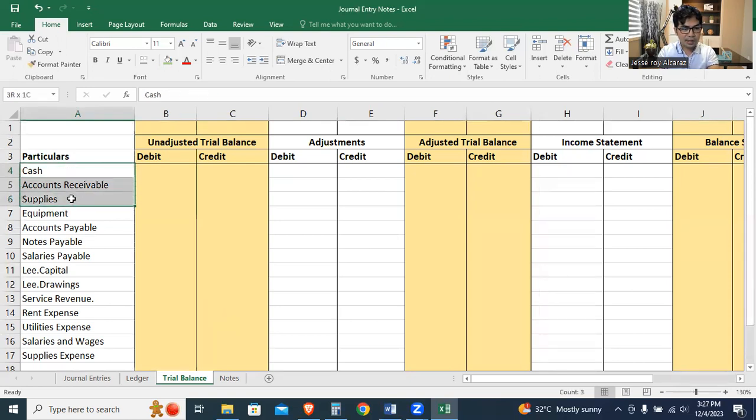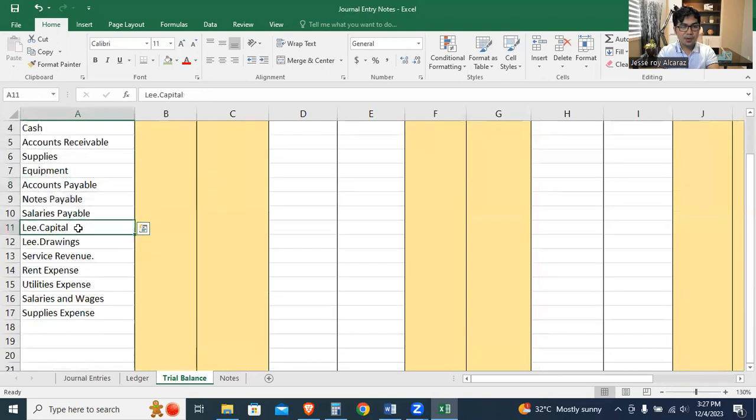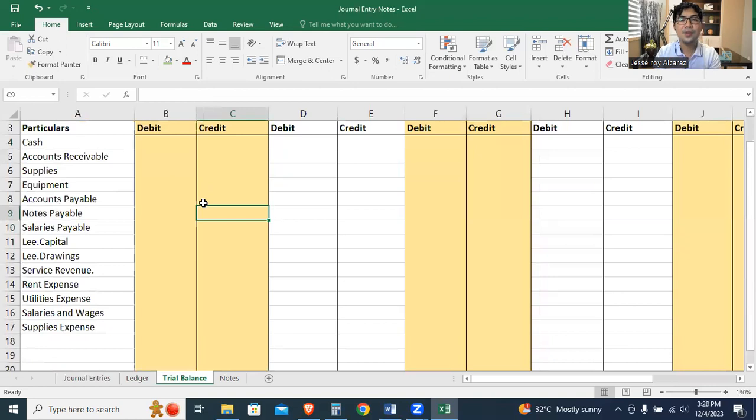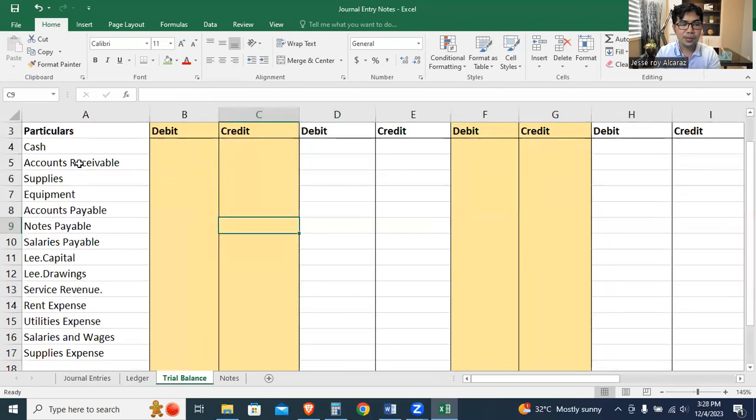So if you notice, cash, accounts receivable, up to equipment, these are assets. Accounts payable to salaries payable, these are liabilities. We have the capital, the drawing, the service revenue, and then the expenses, in that specific order. If you have not memorized it, just go back to it. You may also refer to the chart of accounts used during the journal entries.